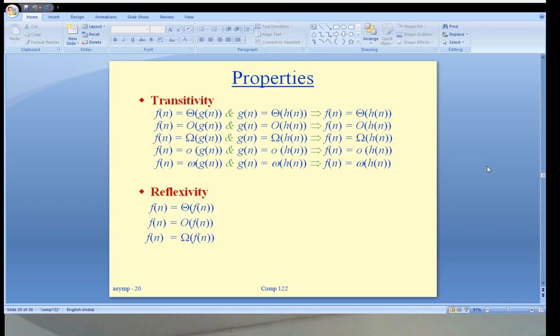There are certain properties associated with these. Just take a look at that.